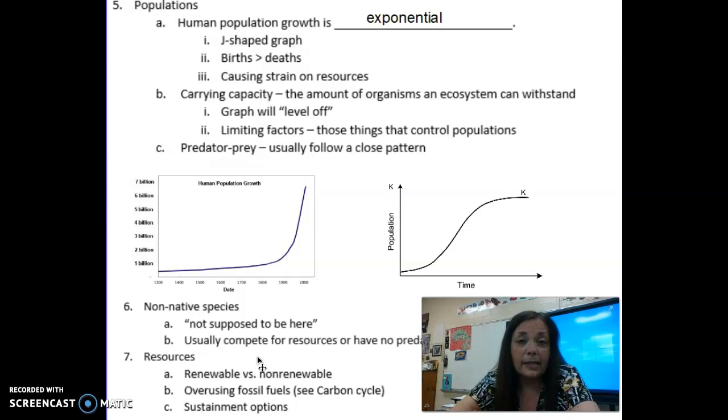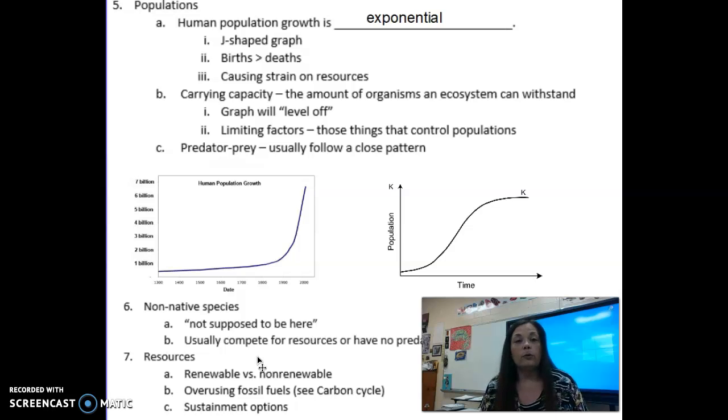And then the last section would be on resources and how we are overusing them. You guys remember that renewable resources are ones that can be replenished. And just remember that renewable doesn't mean unlimited, okay? And then non-renewable are things you can't generally replace. So think about your fossil fuels.